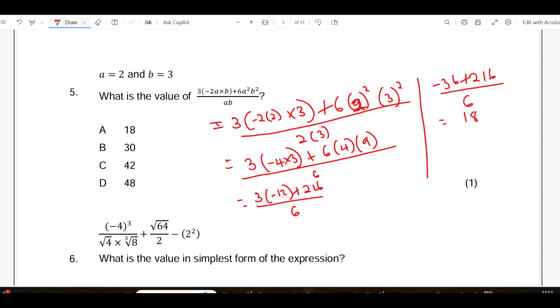This is going to be 180 divided by 6, and then the answer is 30. So the correct answer is 30. But don't waste your time doing all this. Just put everything in your calculator and you get the answer.